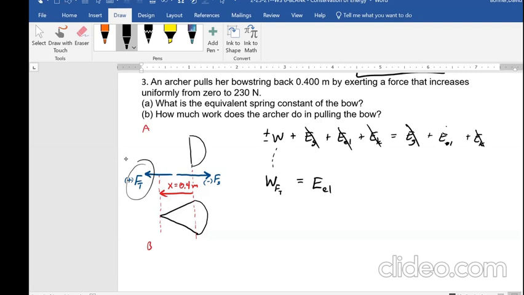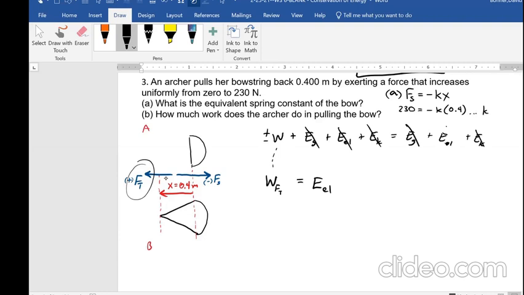Okay, so what I want to do to answer part A is to do that spring force equation, right? So part A, which I'll put up here, we can use this spring force equation. We know that it's going to be at its maximum strength of 230 when it's stretched 0.4 meters.